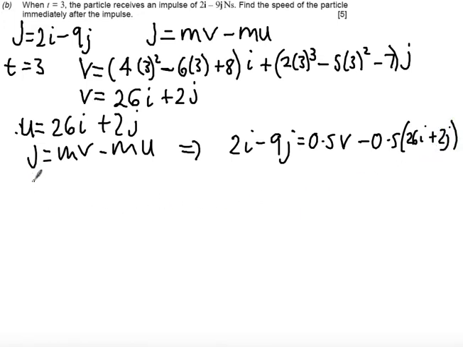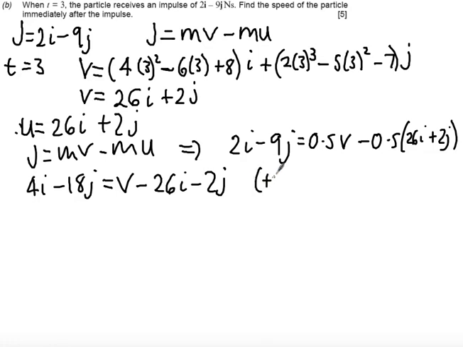Doubling the equation, I get 4i minus 18j equals v minus 26i minus 2j. So let's add the 26i and the 2j to both sides, so that what we get left with is v equals 30i minus 16j.